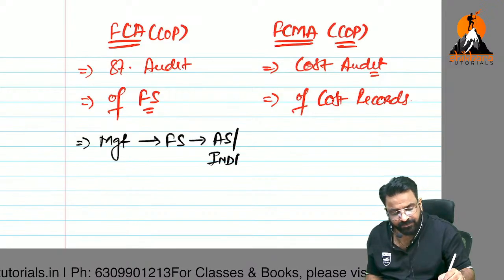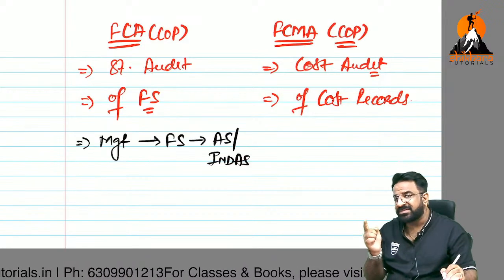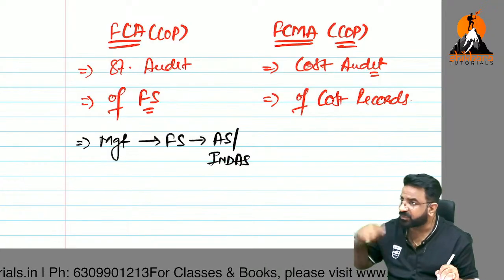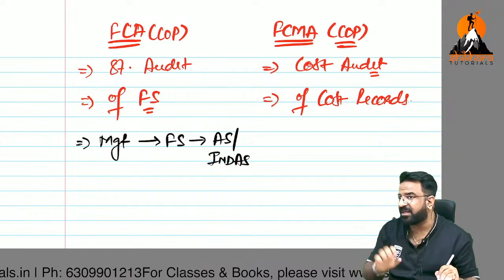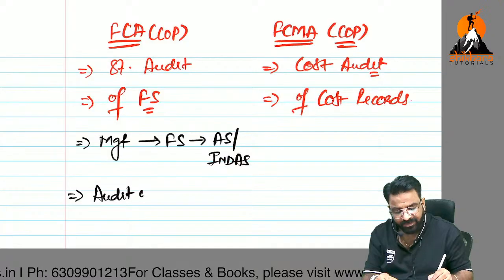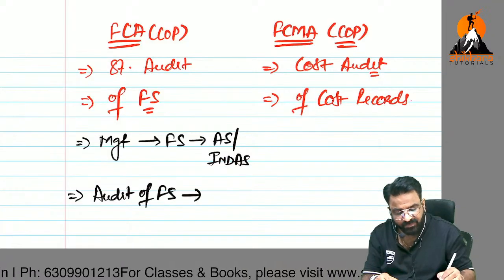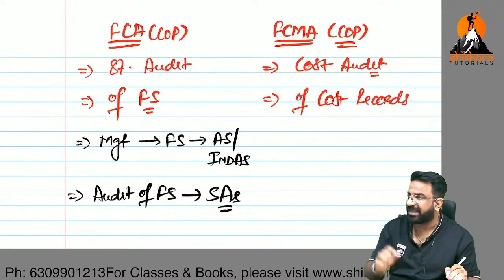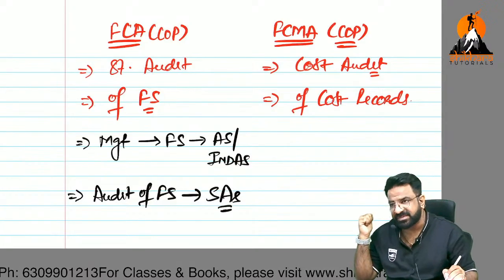It means AS and Ind AS are not the auditor's responsibility; they are the management's while preparing financials. When we do the audit of financial statements, we follow SAs, Standards on Auditing, as a practicing CA.